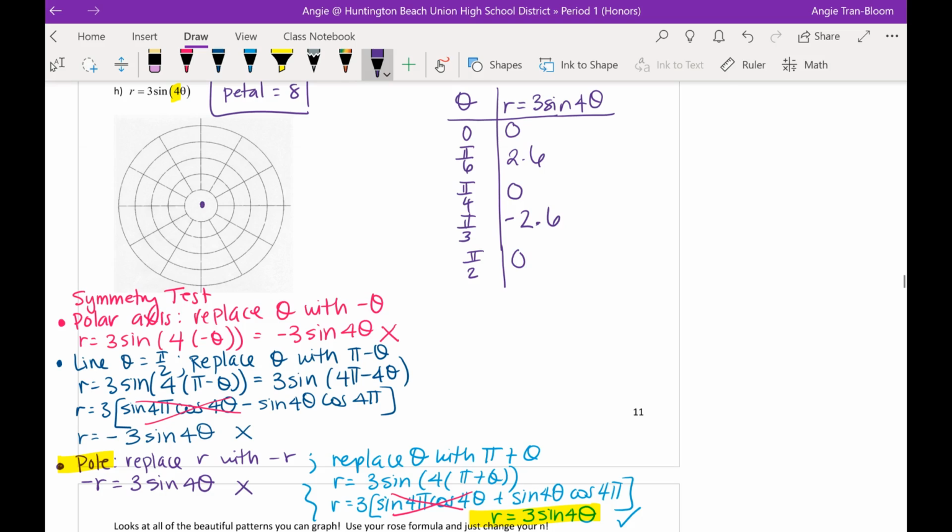We'll start with 0, 0. And then pi over 6, I'm going to go about 2.6. This is somewhat okay, not its best. I plot 1 dot. That means I should go and reflect about the pole. Yes or no? So I should have another dot where?